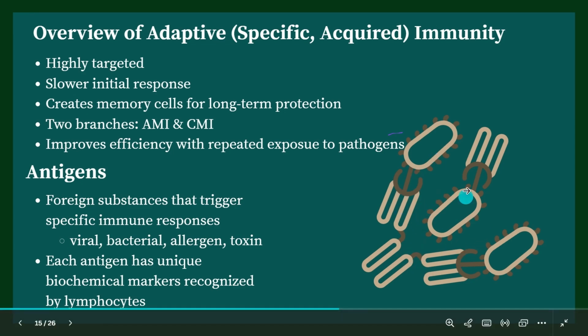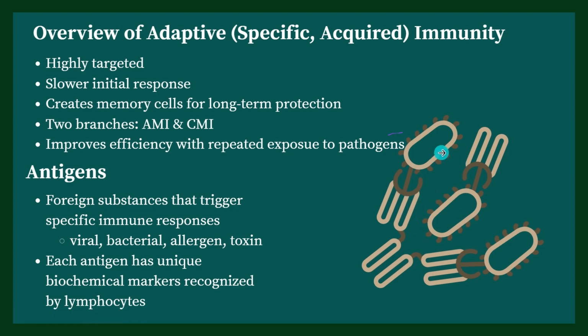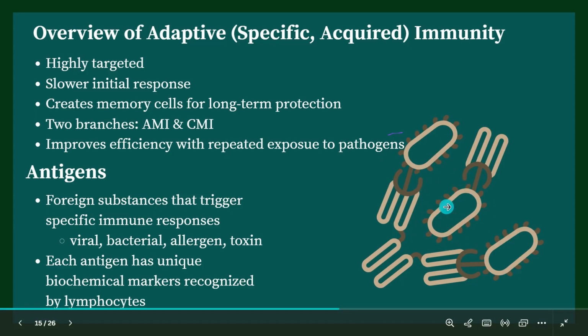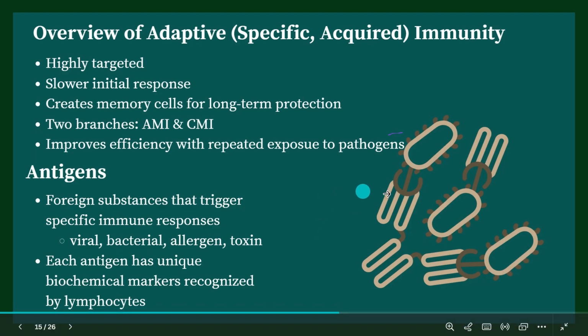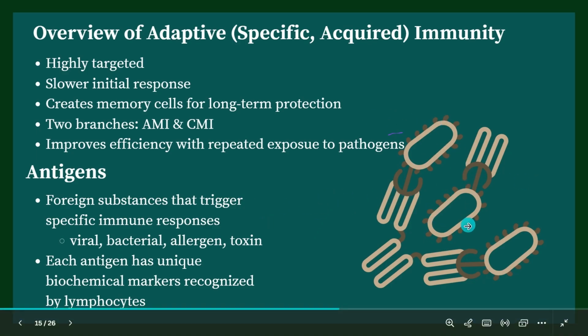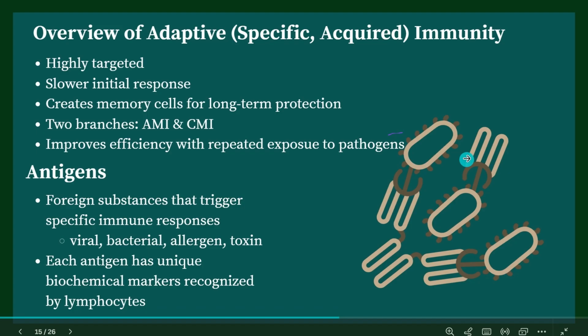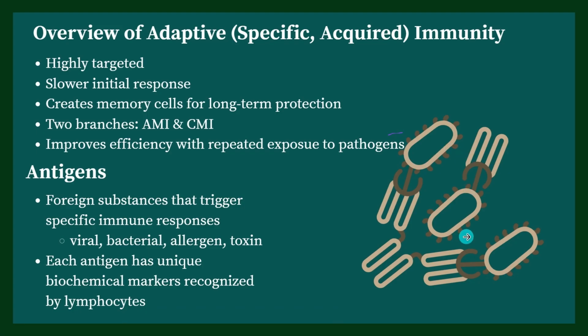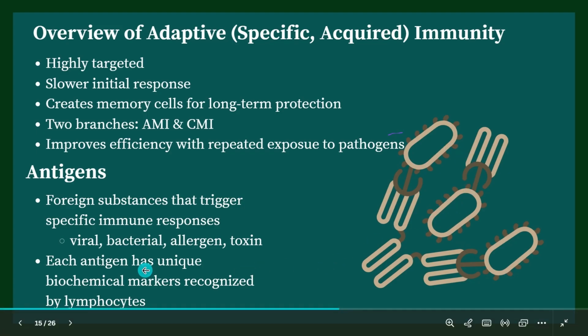Your body creates a pathway to deal with all of these things, and that's why sometimes we have issues with our immune system, like terrible allergies, because our body identifies specific components in our system as being an antigen. They have unique biochemical markers that are recognized by the B cells and T cells.